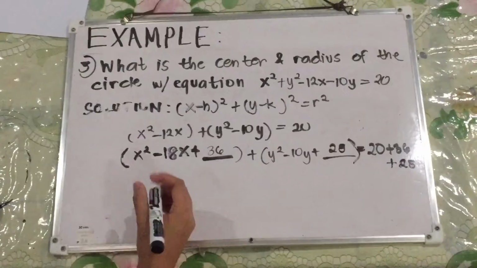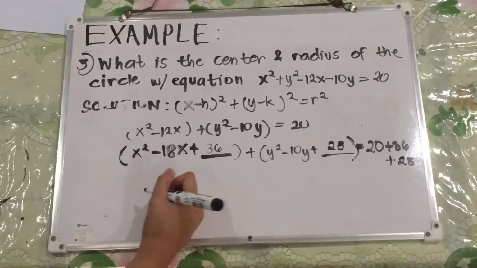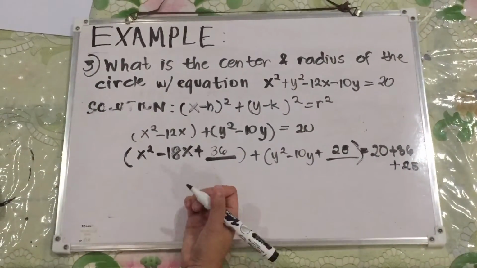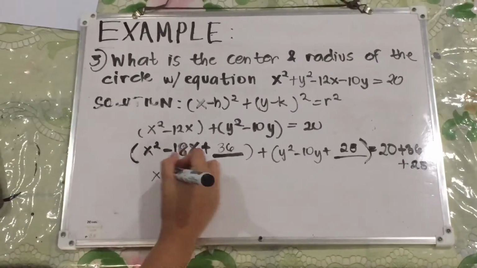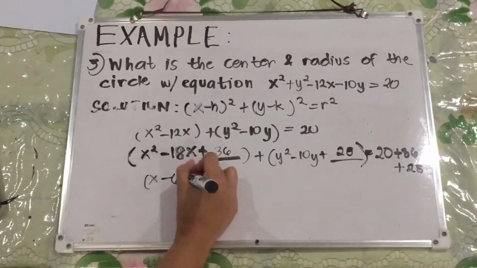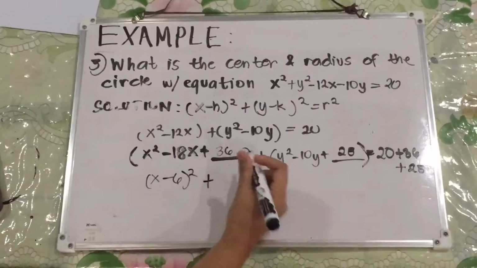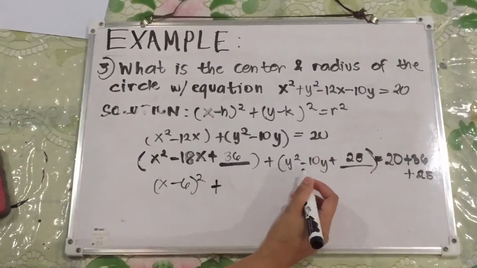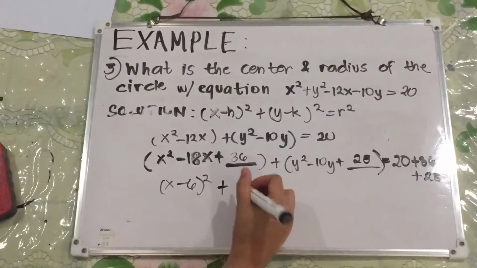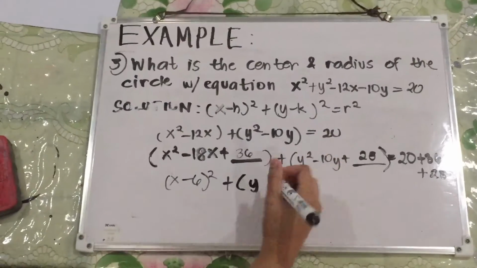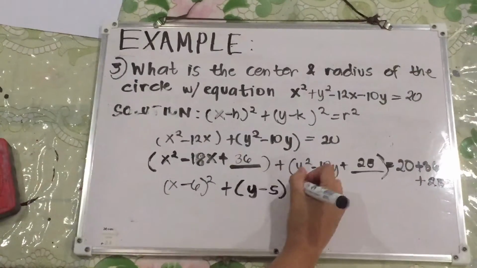To simplify this, x² - 12x + 36 is (x - 6)², plus y² - 10y + 25 is (y - 5)².